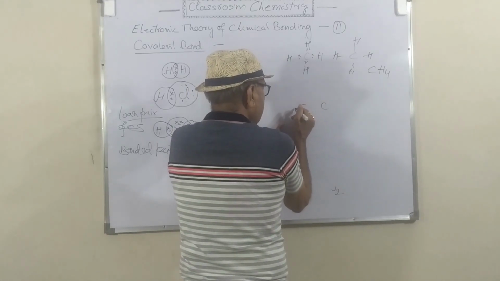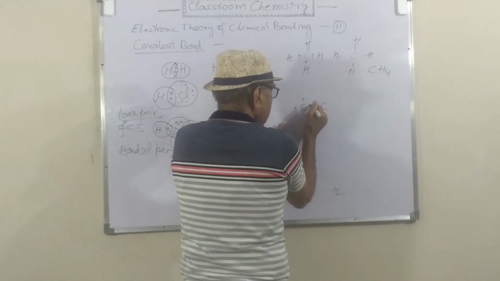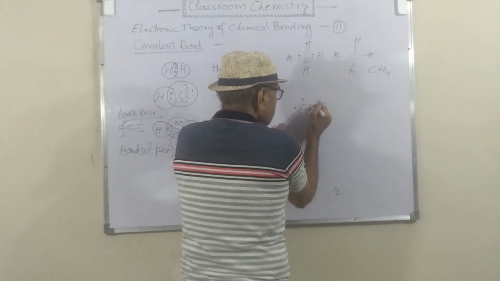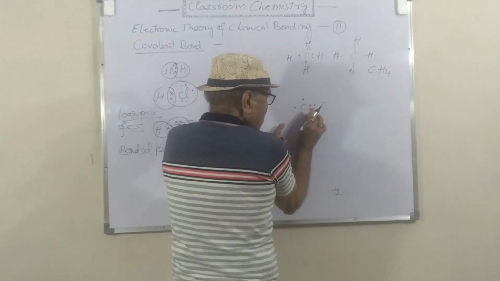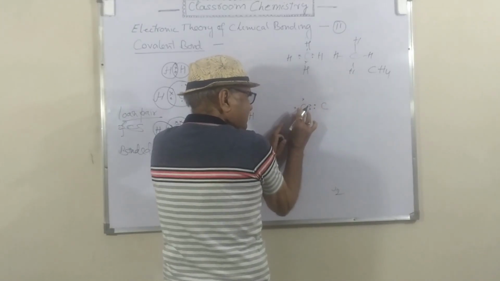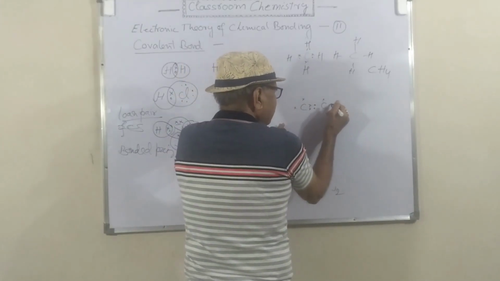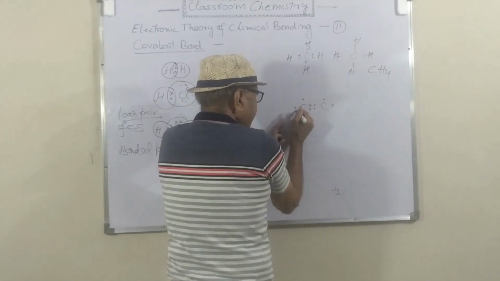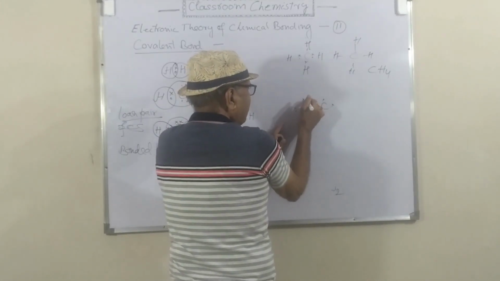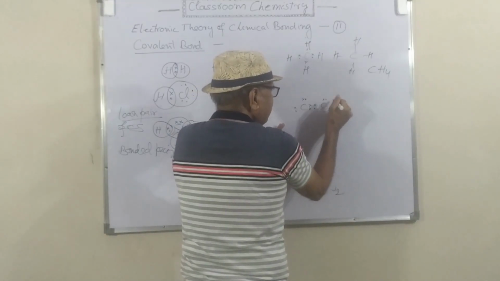carbon. This carbon has 4 electrons, this carbon has 4 electrons. Each carbon shares 2 electrons with the nearest carbon. Then in this case, here hydrogen, this is hydrogen.